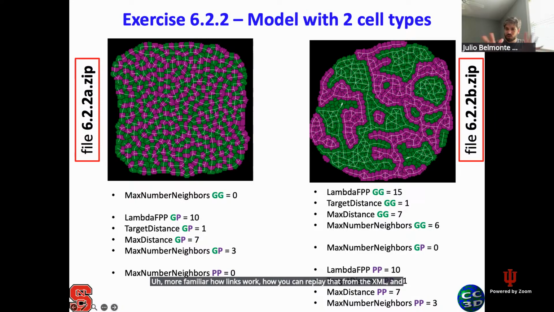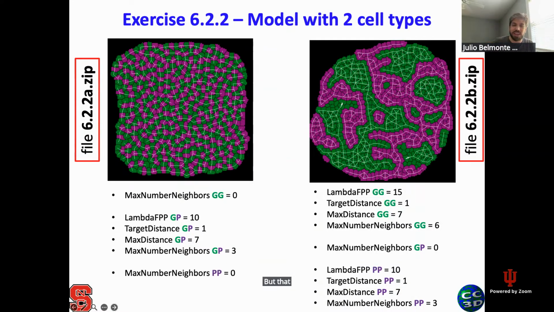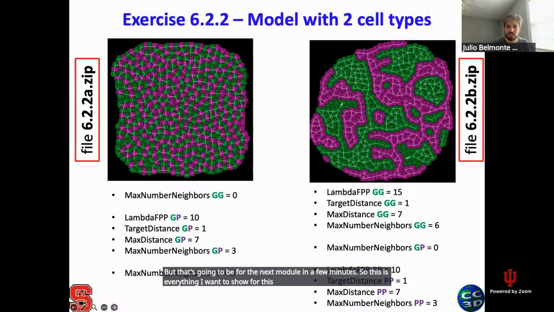And we have not even gone into how to manipulate them from the Python level. If you want to go to Python, we can do more stuff, but that's going to be for the next module in a few minutes. So this is everything I want to show for this first part for the basics. So I will stop here.